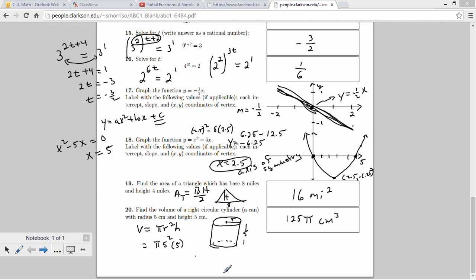And as I mentioned in the announcement on the WebAssign page, if you weren't able to get in there, I'd like you to go to YouTube and do a search of partial fraction decomposition. And it's just a method for, as I said, tearing apart fractions.